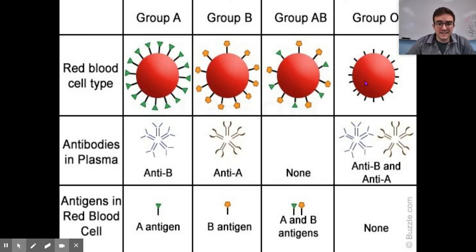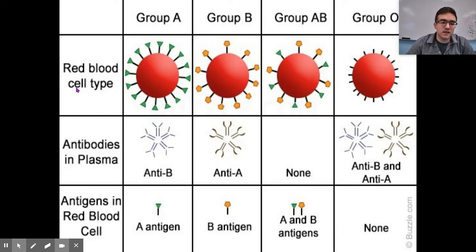Now, type O blood can be given to any blood type because it doesn't have surface proteins. Because group O doesn't have surface proteins, these antibodies can't bind to anything on the surface of the red blood cells.